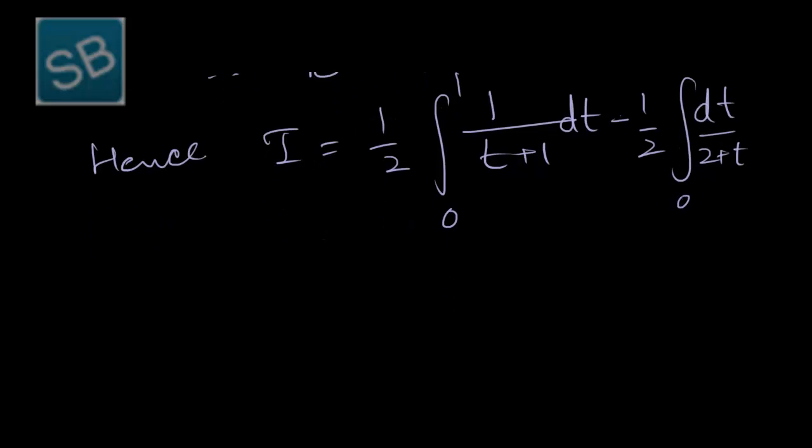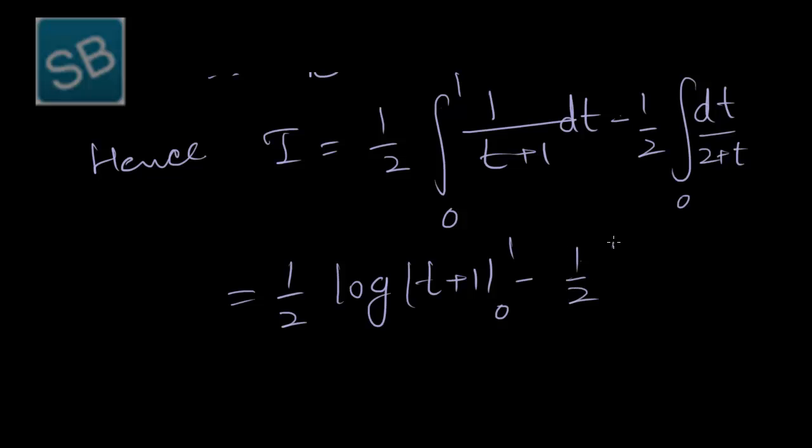So in this we get these two integrals which is equal to I. So this is very easy to calculate the integral of 1 over t plus 1 or 1 over 2 plus t. It becomes half log of t plus 1 ranging from 0 to 1 and half log of t plus 2 ranging from 0 to 1.